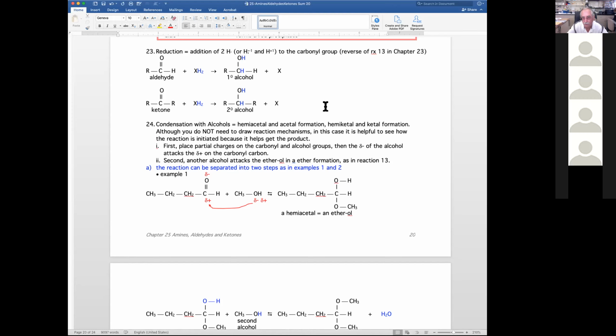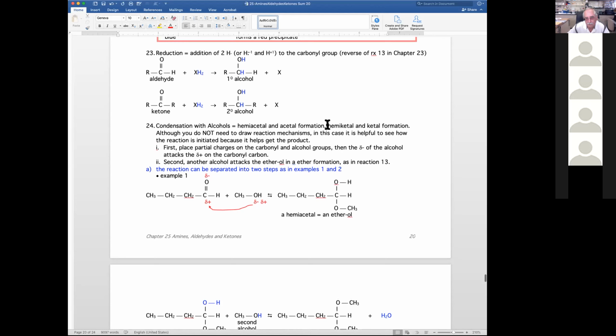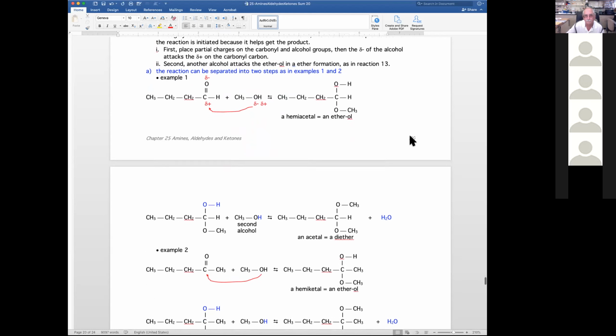So we saw that before, for example, when two alcohols were oxidized and you formed an ether, or when two thiols were oxidized and you formed a disulfide. Those were also condensations. So aldehydes and ketones will form condensation reactions with alcohols. You form a hemiacetal, and then an acetal, or a hemiketal and a ketal. I'll try to explain what that means as we go along.